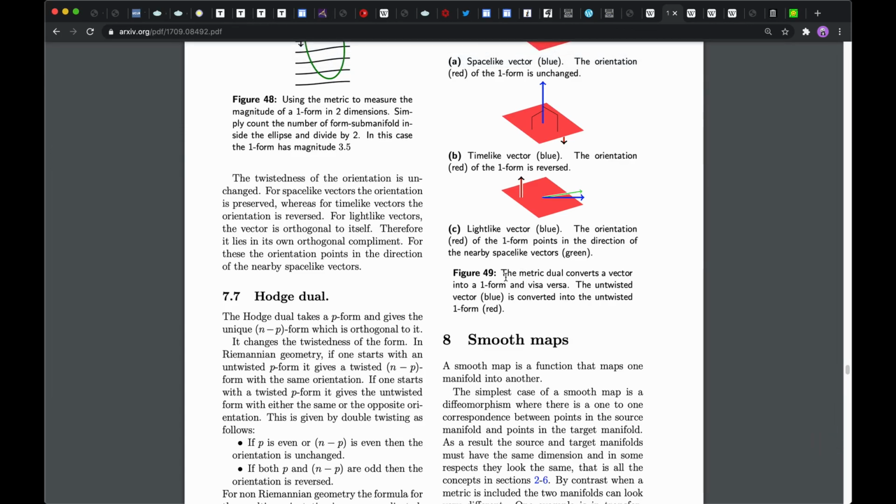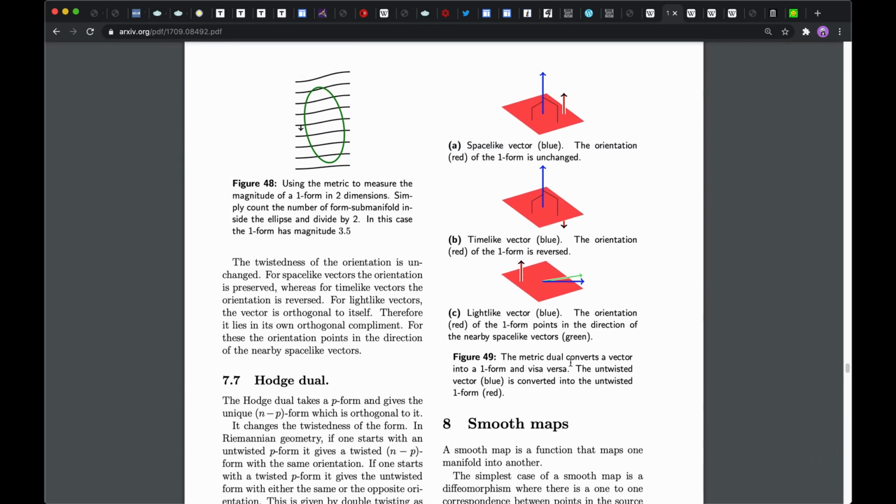And in figure 49 we have the metric dual, and what it is doing is converting a vector into a one form and vice versa. So basically it's index lowering or raising, an index shifting operation using the matrix. And that corresponds geometrically to those pictures. We have 3 kinds of vectors, A, B, C: space-like, time-like, and light-like.